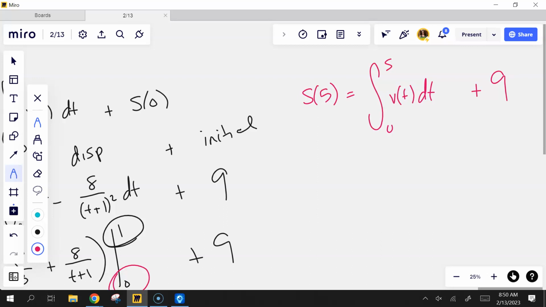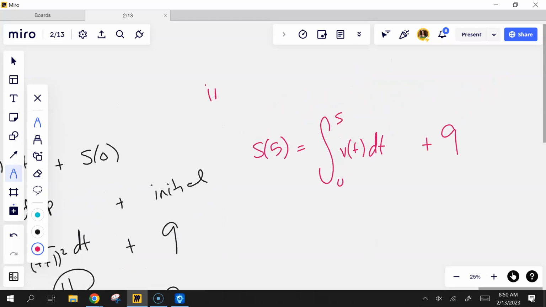It's 0 for your time. So initial position is always s of 0. Initial velocity is always v of 0. Initial acceleration, a of 0. It's when you plug 0 in for time, because that's where you start, right? When time is 0.